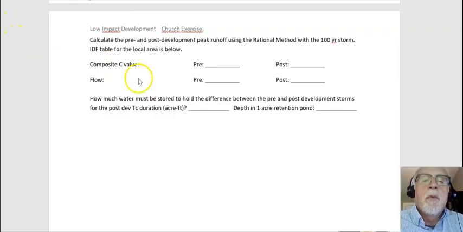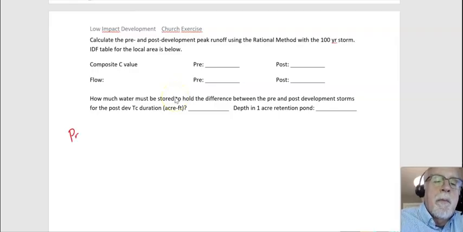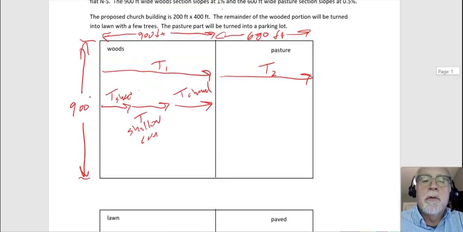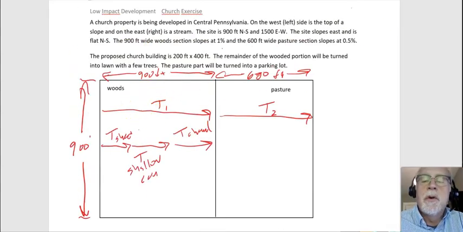What we need to do is calculate a composite C value. In pre-development, we have two sides here, the woods and the pasture. It's the same length this way.